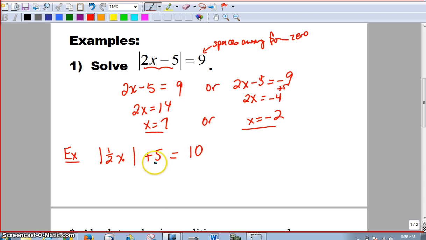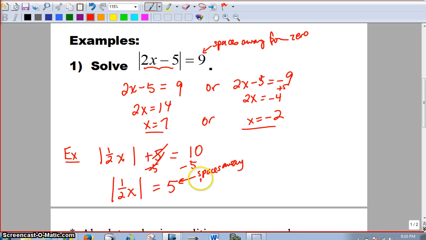Let me repeat myself. The first thing we want to do before we write our two equations is get the absolute value sign by itself. So we're going to subtract 5 first, before we say that this number represents how many spaces away from 0.